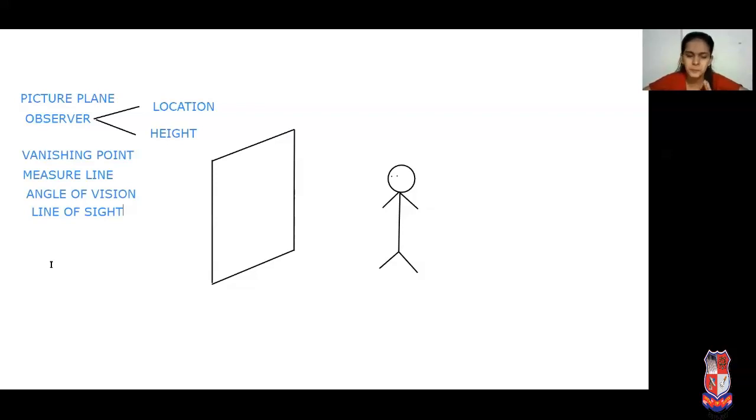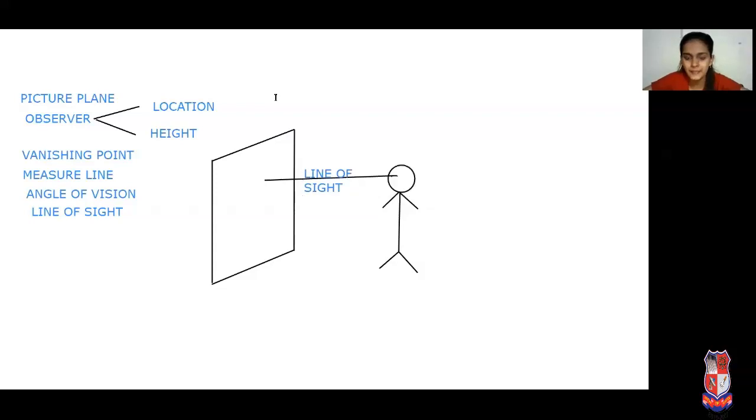If we are talking about the perspective view, it appears on a picture plane, so we are going to look at the picture plane only. From where we are looking with our eyes, the ray from our eye going to the picture plane, this line is known as line of sight.